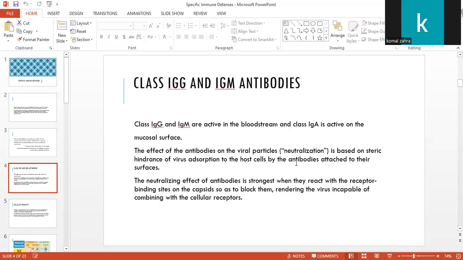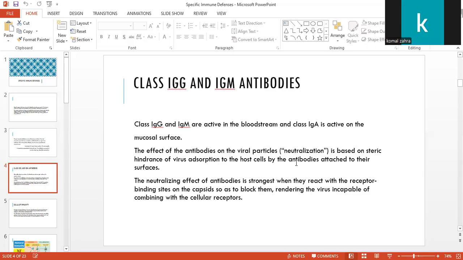Viruses are attached to the host cell. So these antibodies hinder the attachment of viruses to host cells by neutralizing their effect.